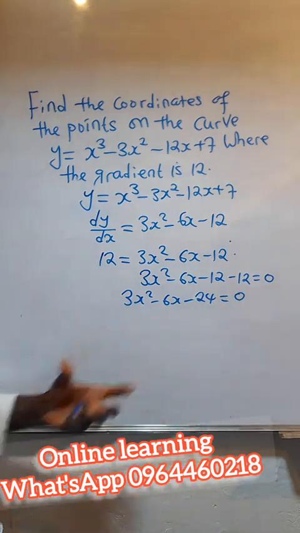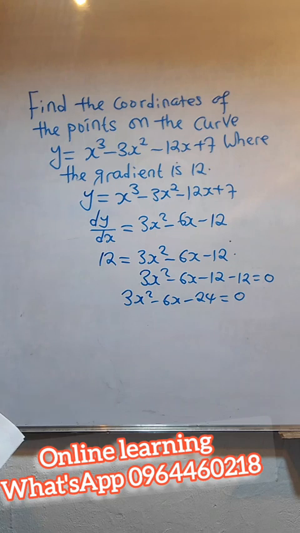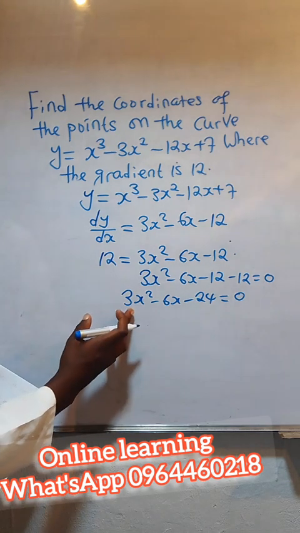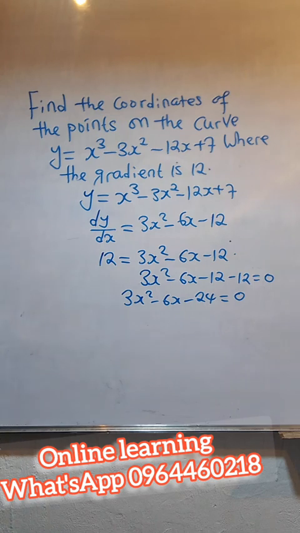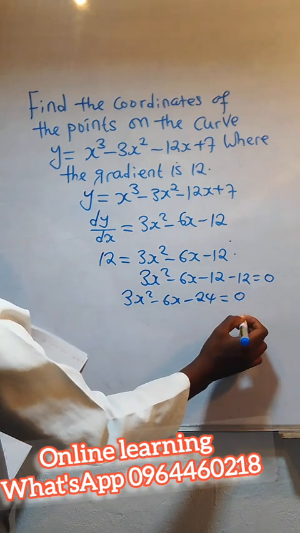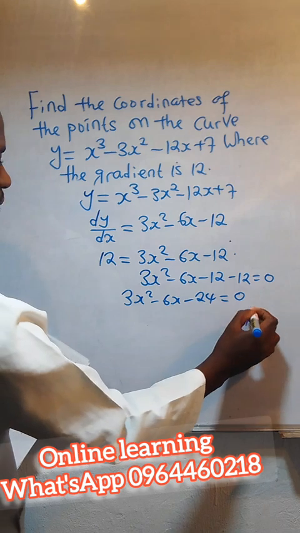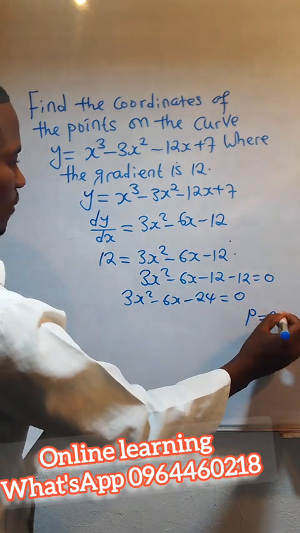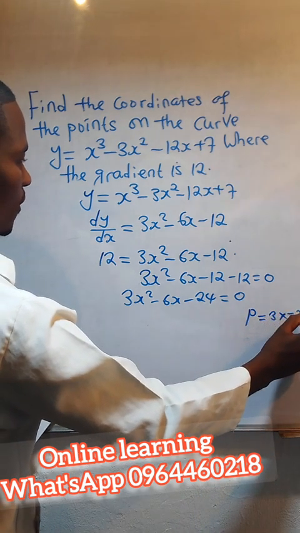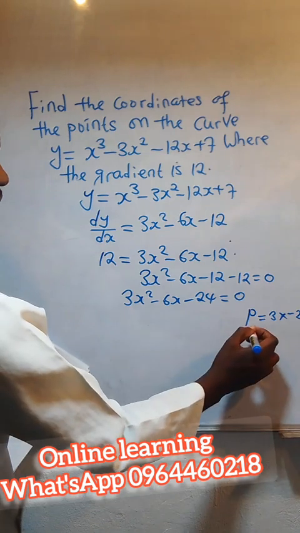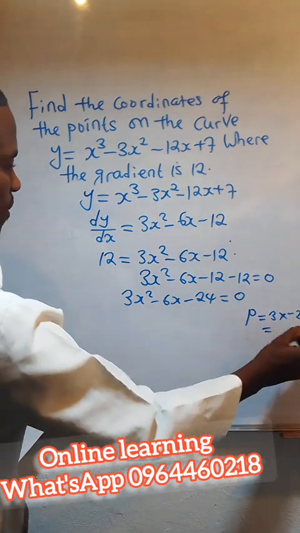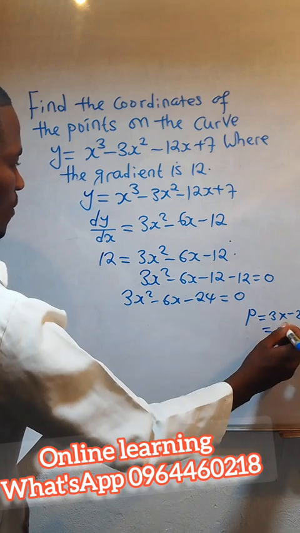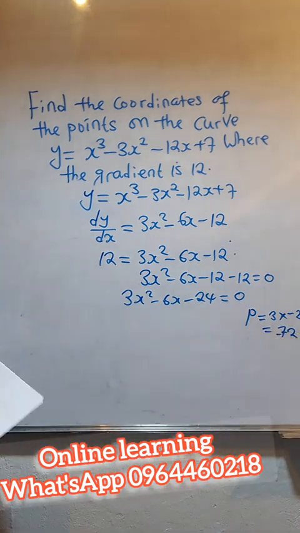Then we can find the factors. First of all, the product is 3 times negative 24, which is negative 72. We need numbers that can give us negative 72.